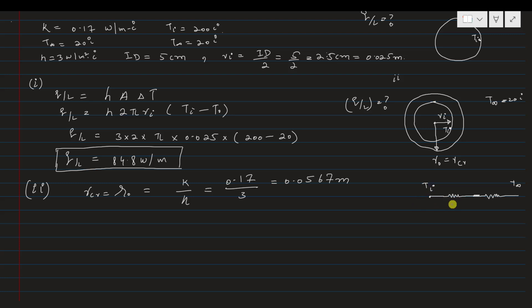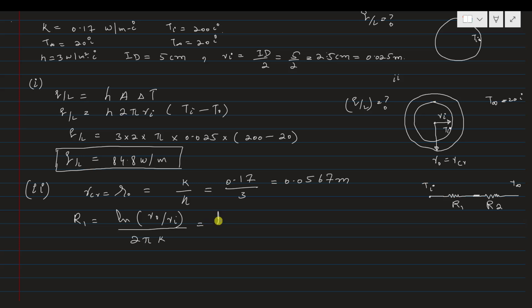There are resistances R1 and R2. R1 is equal to ln(R0 divided by Ri) divided by 2 pi k L. Take L as 1, so I'm not writing the L value.